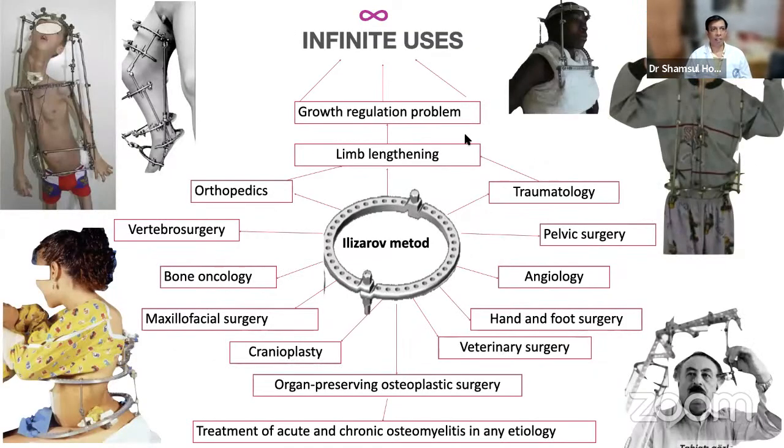So you can see we have infinite uses, starting from different severe deformities, the neck, the back, as research is being done on the spine, also severe knee deformities, then like a Milwaukee brace, and different growth regulation problems like limb lengthening, traumatology, pelvic surgery, angiology, hand and foot surgery, veterinary surgery, organ preserving, osteoplastic surgery, treatment of acute and chronic osteomyelitis, cranioplasty, maxillofacial, bone oncology, vertebral surgery, general orthopedics, and so many else.